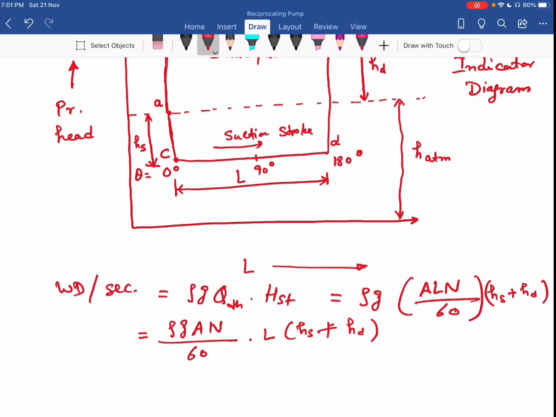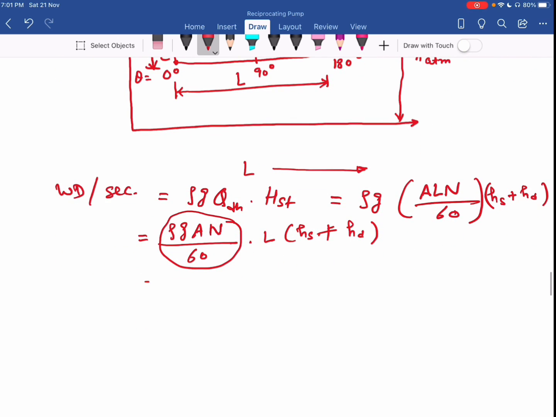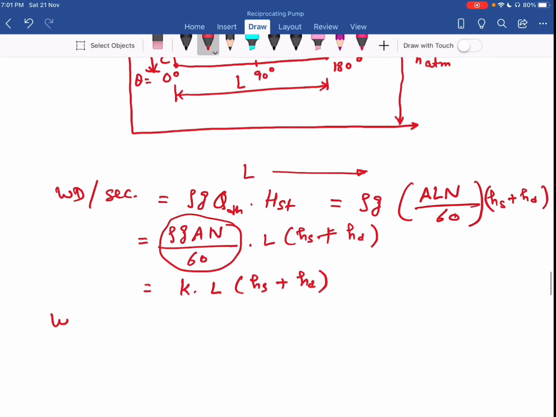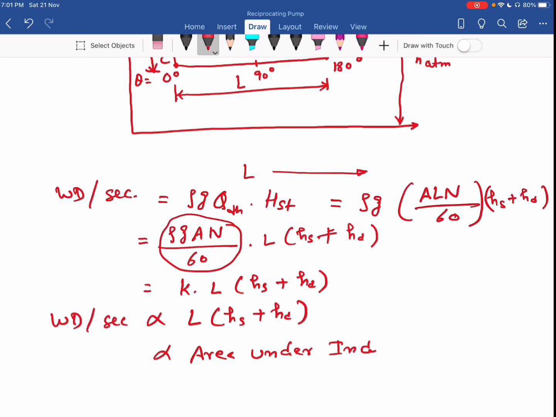Okay. Now when my pump runs at a constant speed and for given area of cylinder, this term is constant. So I can write it as K L (HS plus HD). Okay. Now I can say that work done per second is proportional to L into (HS plus HD). Okay. So this is my area under indicator diagram.